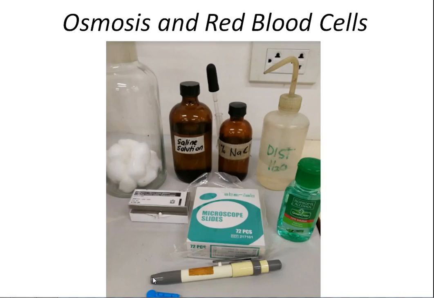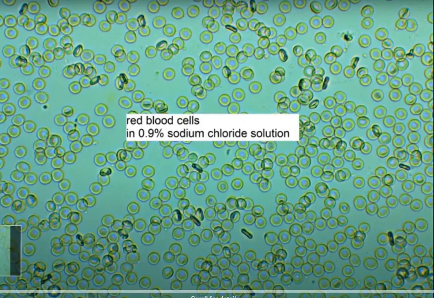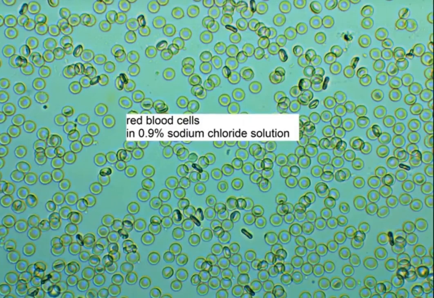So let's now look at the appearance of the cells that we have added to different concentrations of solution. Here we have our red blood cells in 0.9% sodium chloride solution.